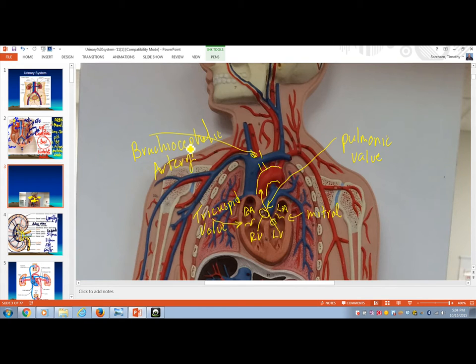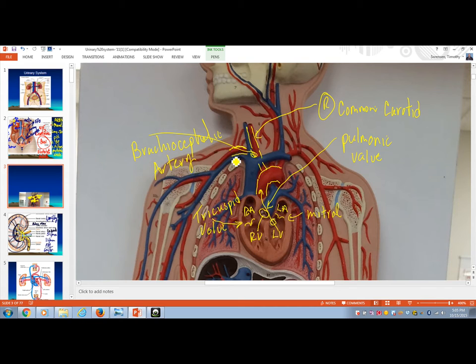The brachiocephalic artery, or brachiocephalic trunk, branches off to an artery that supplies your brain, called the right common carotid artery.